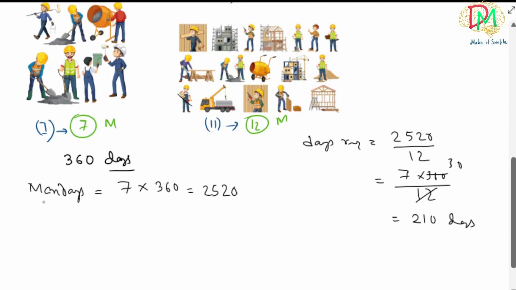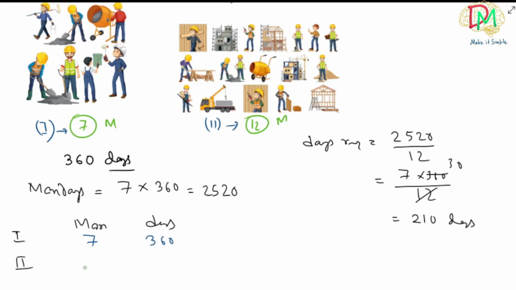Now if we compare these two groups of people, they finish the same work. What do we find out? On the left side, the first case and this is the second case, and this is days. How many men are working in the first case? That is 7. And how many days did they take? 360.